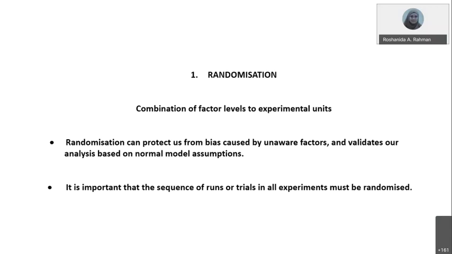You print out the trials from the software, and then you have to go to the lab to run the experiment, of course. So which one do you start first? Maybe you want to start with trial number 5 first, until you get the result or the analysis or the responses.